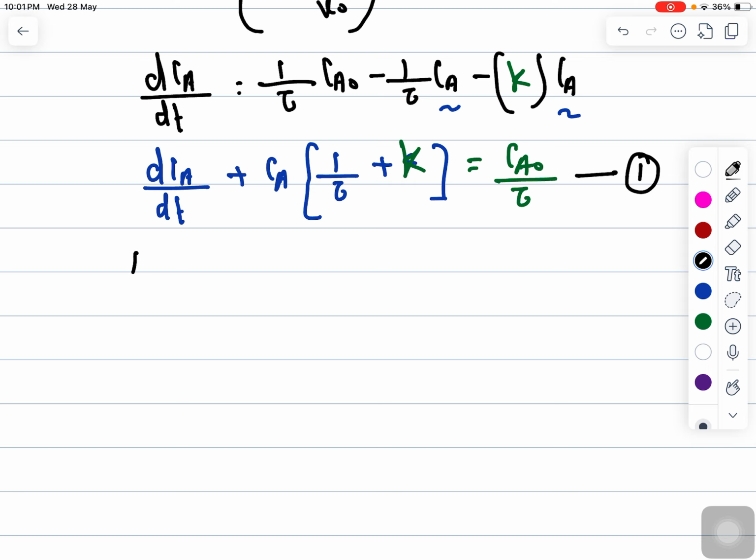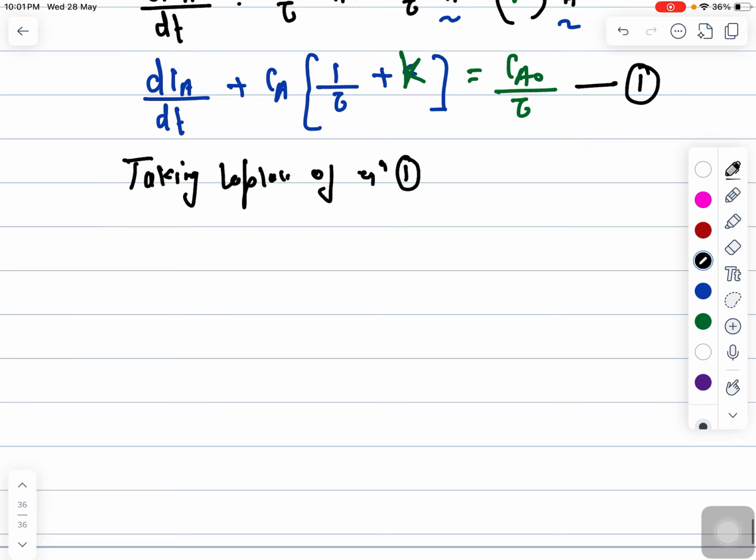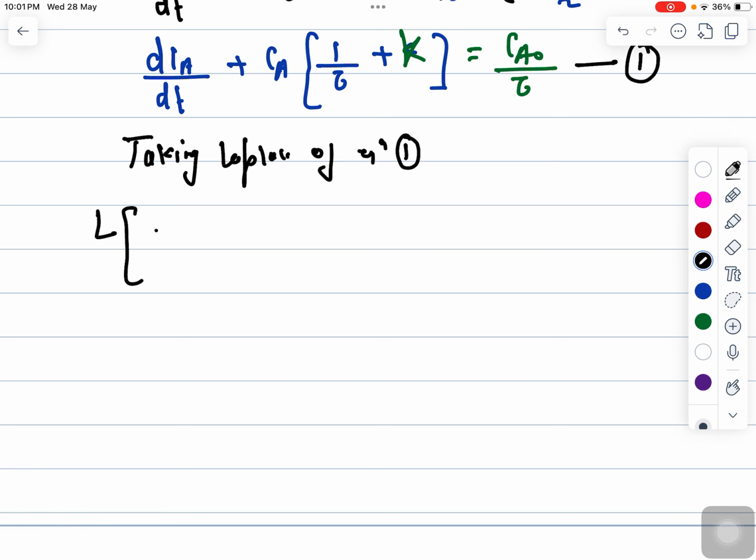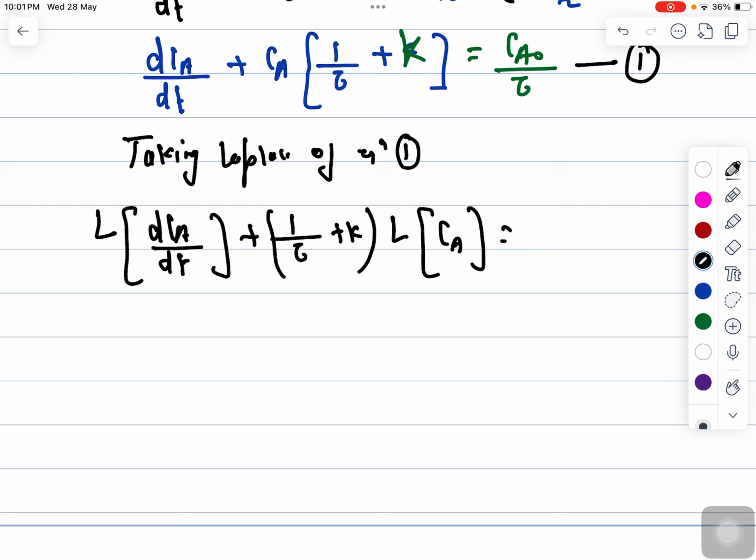So now taking Laplace of equation first. Laplace of dCa/dt plus (1 upon tau plus K), which is a constant term, times Laplace of Ca, equals Laplace of Ca naught by tau.